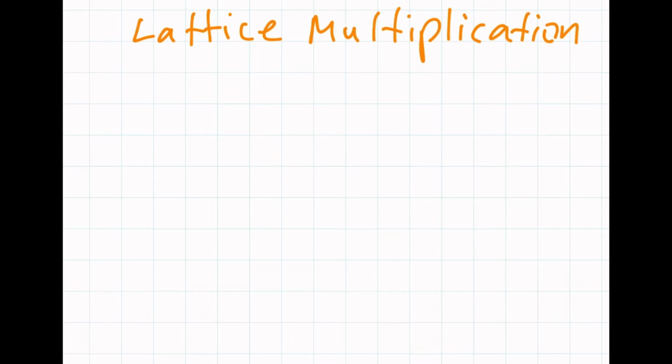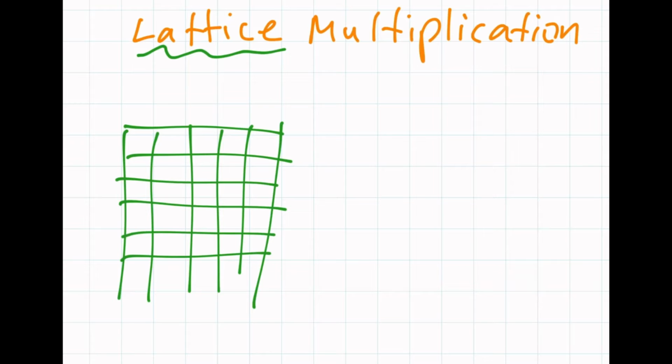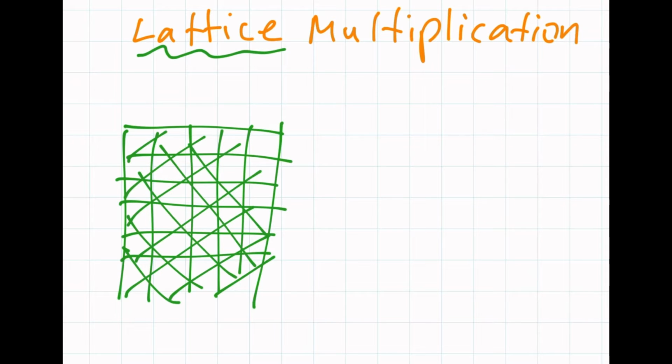So a lattice is something you might have at your house. It's a kind of wooden structure, kind of looks a bit like this. And they've got these cross pieces for strength. And they're often found in gardens, and plants can kind of grow on them, or fruit and flower.